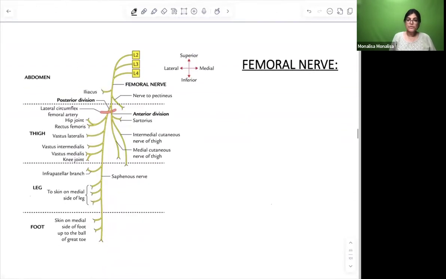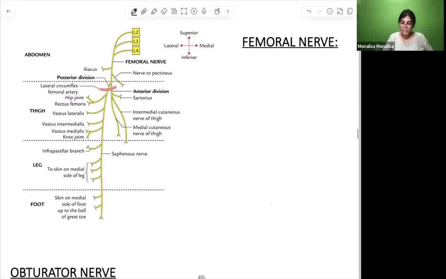Okay. Now, if I talk about nerves, nerves are very easy in case of lower limb. Everybody must know femoral nerve is the nerve of anterior compartment of thigh.